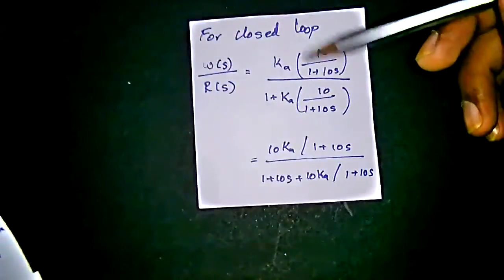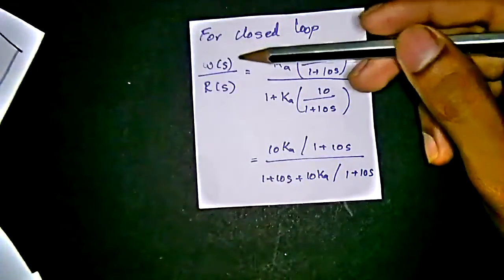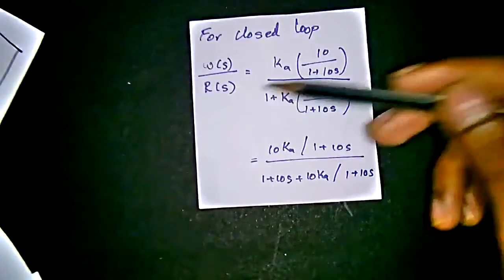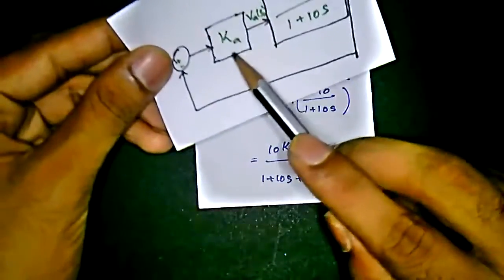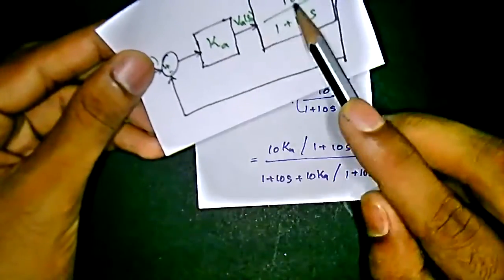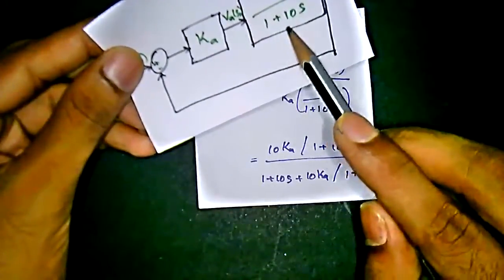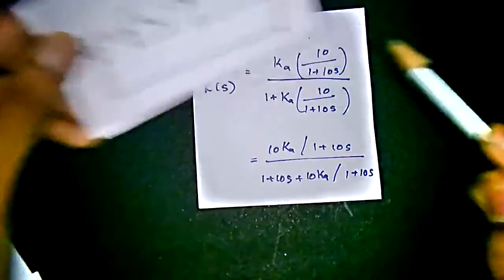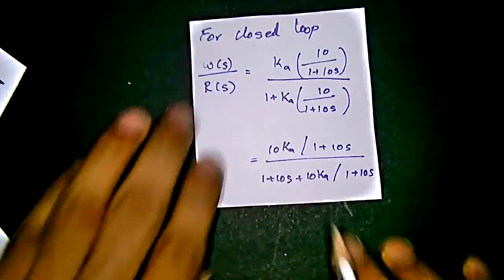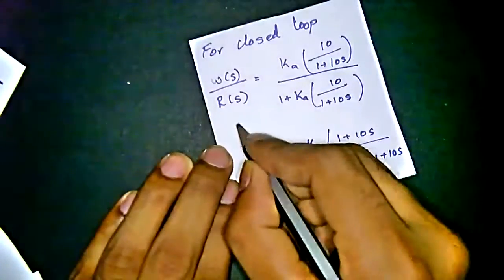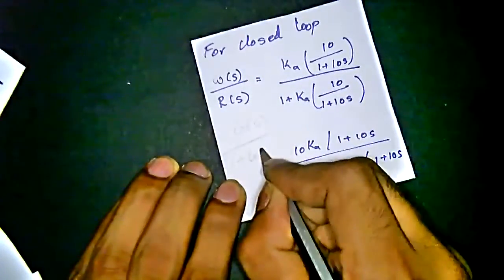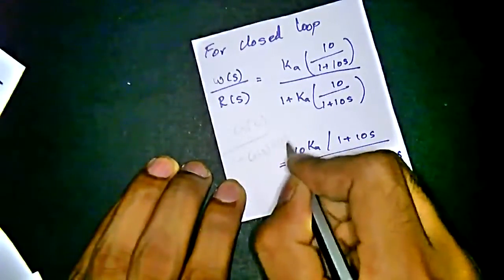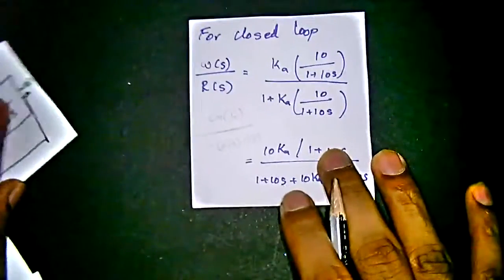The transfer function of the closed loop is Y(s)/R(s), with the forward gain Ka multiplied by 10/(1+10s). The closed loop equation can be written as G(s)/(1+G(s)H(s)). Here H(s) is the feedback gain.